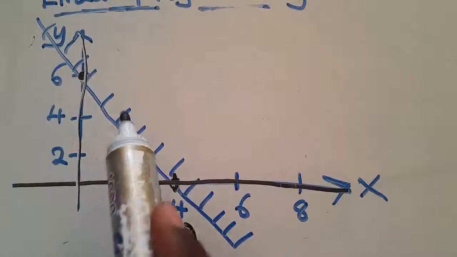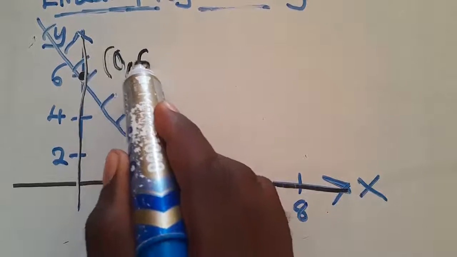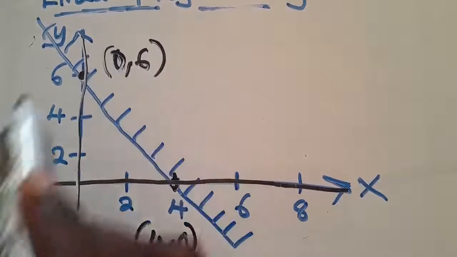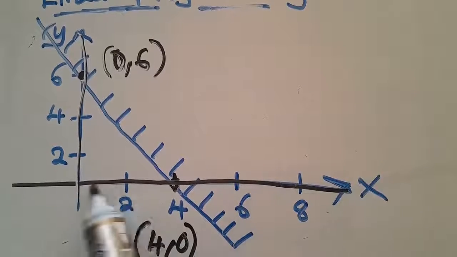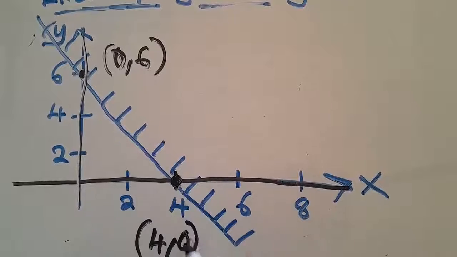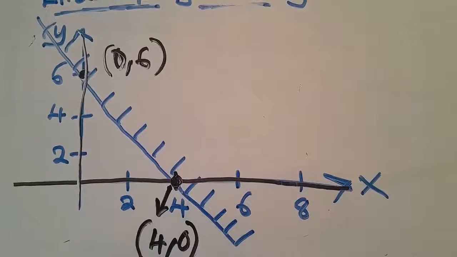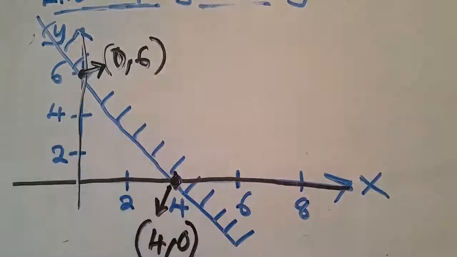So a coordinate that is there is 0, 6. Because in the y-axis, x is 0, and in the x-axis, y is 0. So a coordinate which is here is this one, and the coordinate which is there is that one which I've written there.